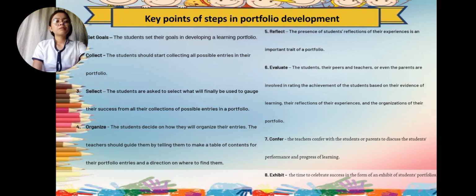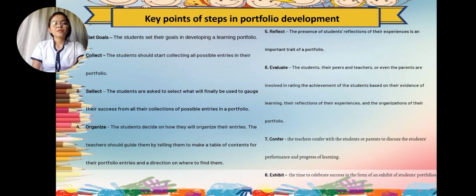We have number 5, reflect. The presence of students' reflections of their experiences is an important trait of a portfolio. We have number 6, evaluate. The students, their peers and teachers or even the parents are involved in rating the achievement of the students based on their evidence of learning, the reflections of their experiences, and the organization of their portfolio.